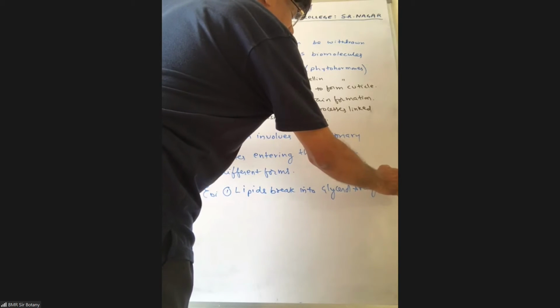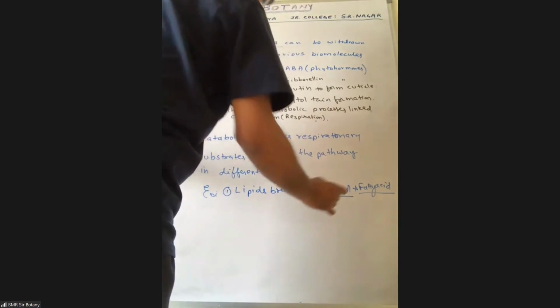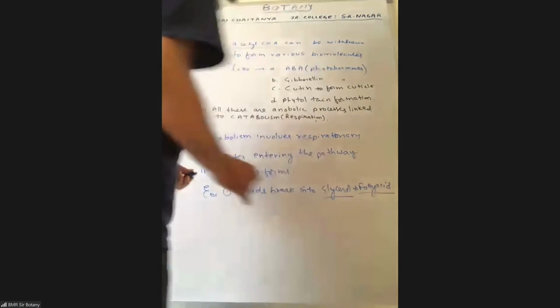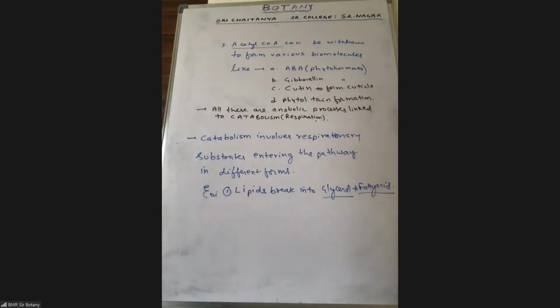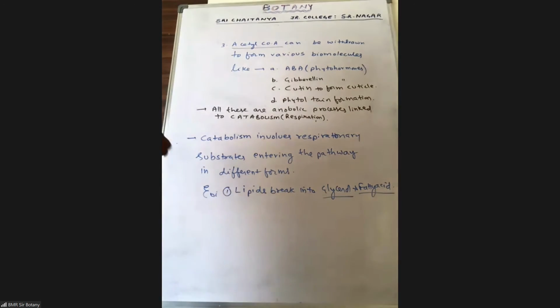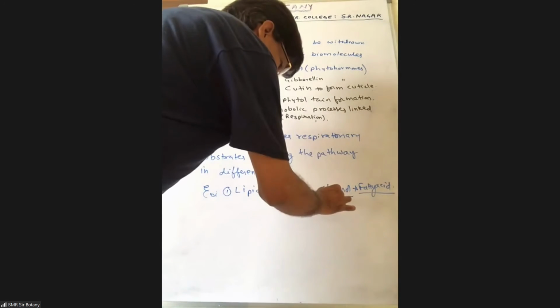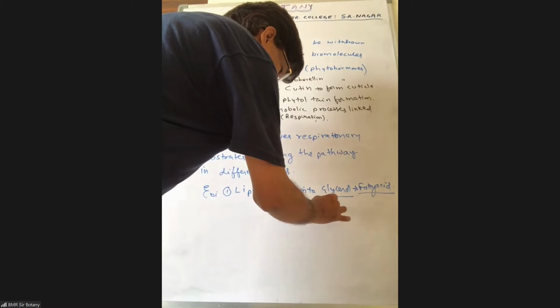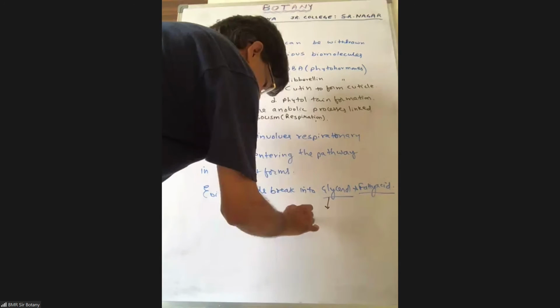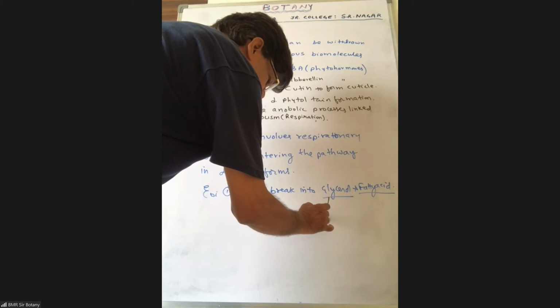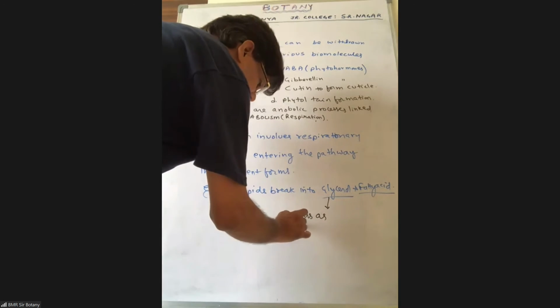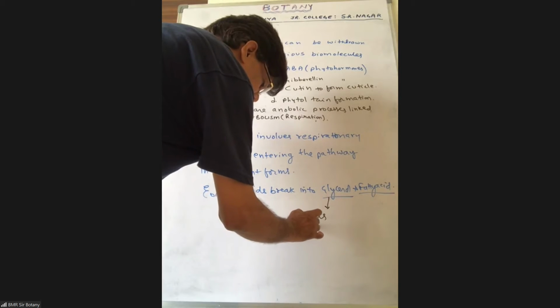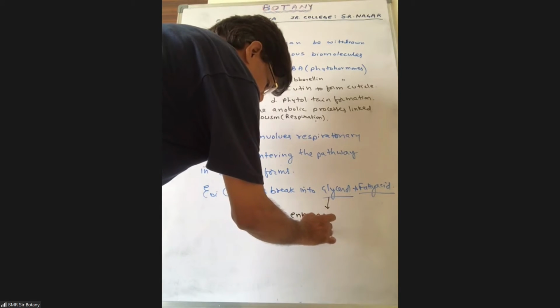Do you know fatty acids and glycerol together are called what, Nana? Glycerides. Glycerol with two fatty acids, diglycerides. With one fatty acid, monoglycerides. With three fatty acids, triglycerides. Then glycerol of these enters respiration as GAP, which is otherwise called PGAL.